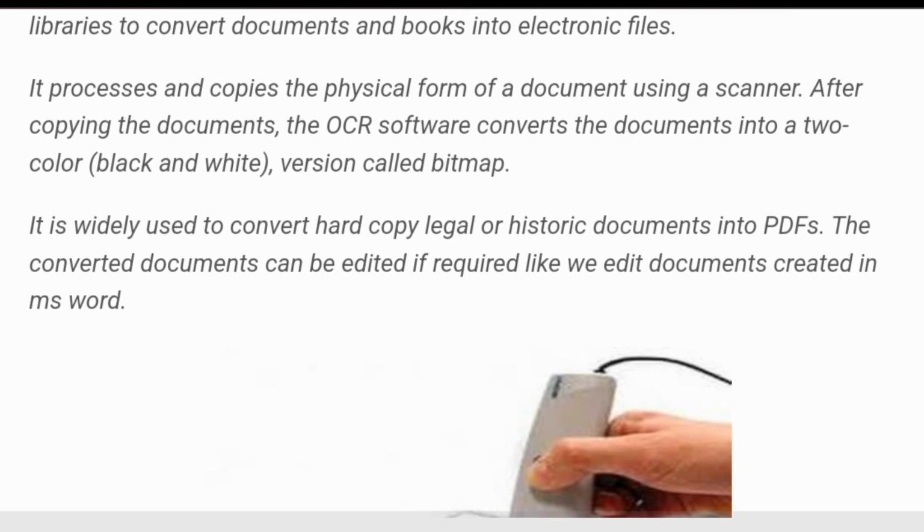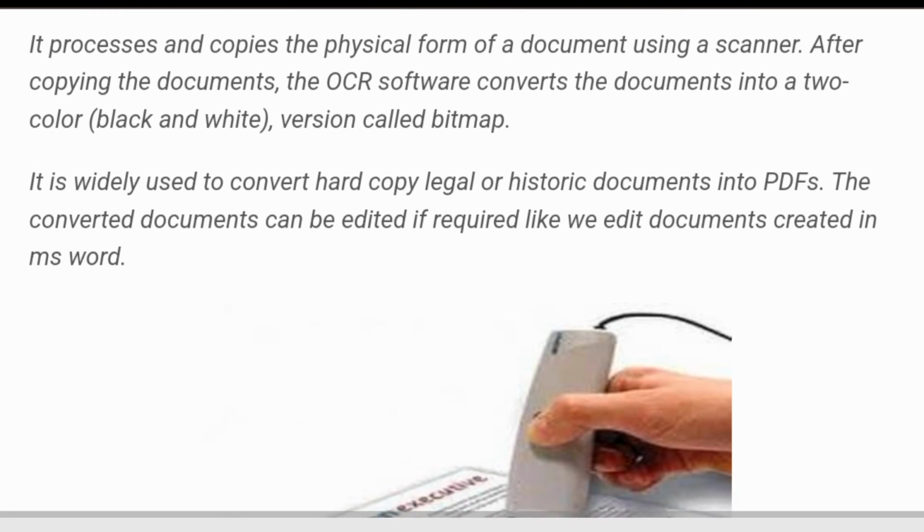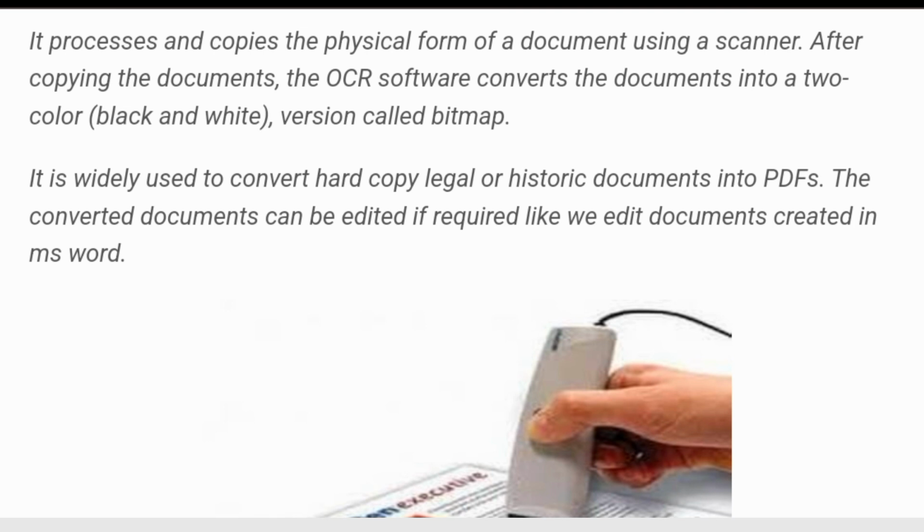After copying the documents, the OCR software converts the documents into a two-color, black and white version called a bitmap. And the next, it is widely used to convert hard copy legal or historic documents into PDFs.